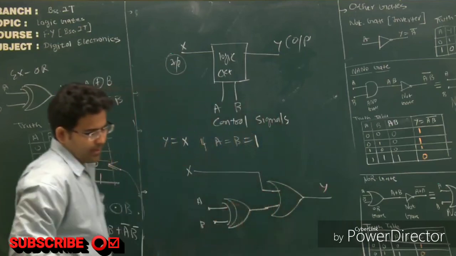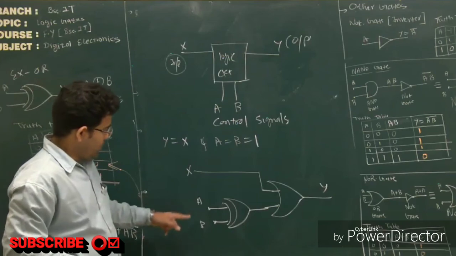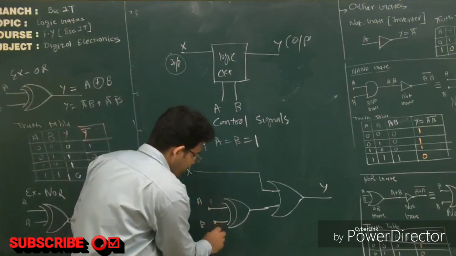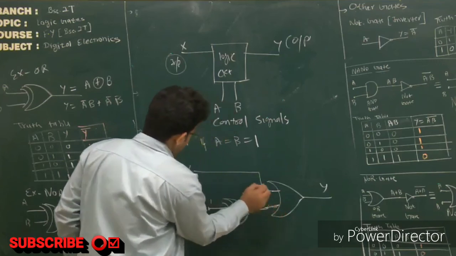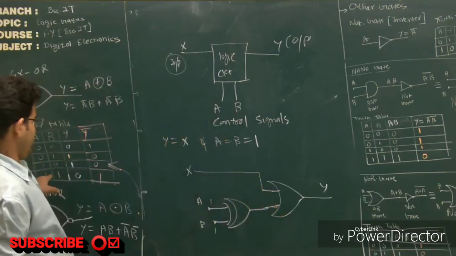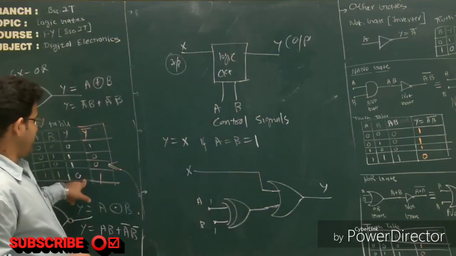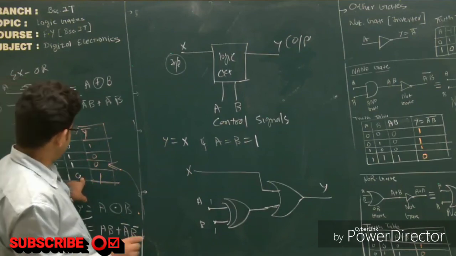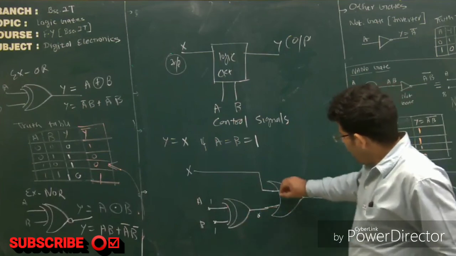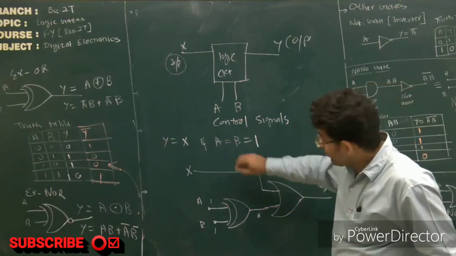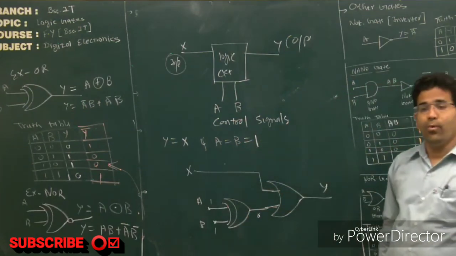Now let's understand this. If this is 1, this is 1, you will get a 0 here. 0 means at this point you will get 0, and then this is an OR gate. So X will be transferred to Y.